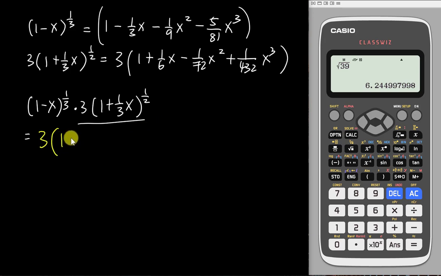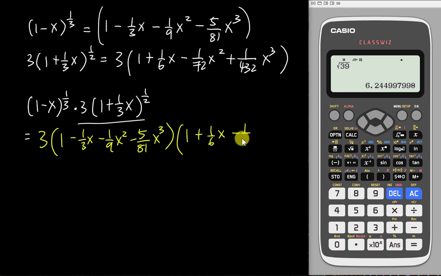So I will just insert to give you some idea when both of them multiply each other. So over here, this is something like 1 plus 1 over 6x minus 1 over 72x squared plus, actually the last term I don't even need to write because I only want x squared. So this one, even if I don't write it, never mind because I'm not going to use it.